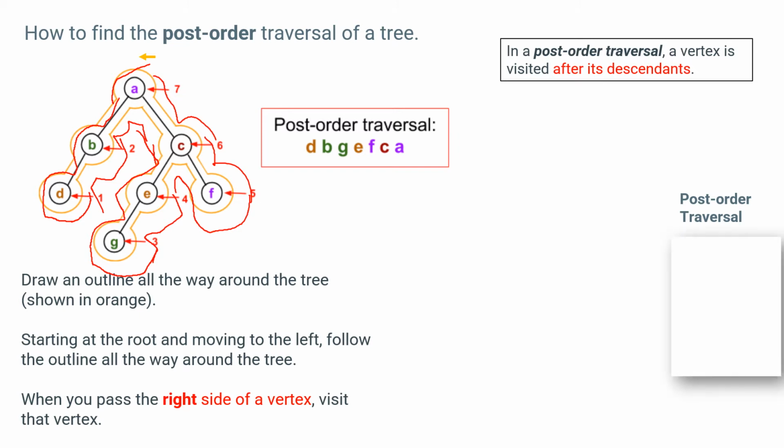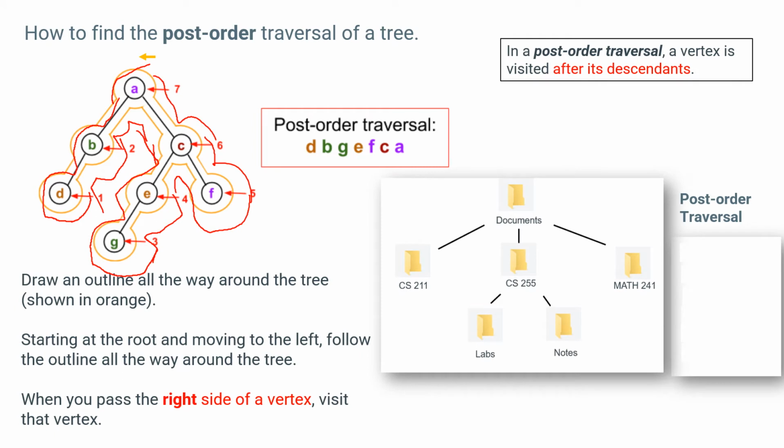Okay, let's look at the folder situation here. Again, imagine that outline. I'll not draw it until we actually start moving along it. And we will again go to the left. This time though, we're going to say that we're not visiting that until we're to the right. So I'm not going to visit documents yet.